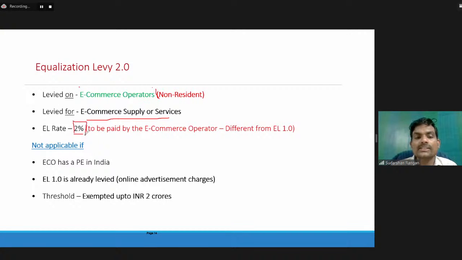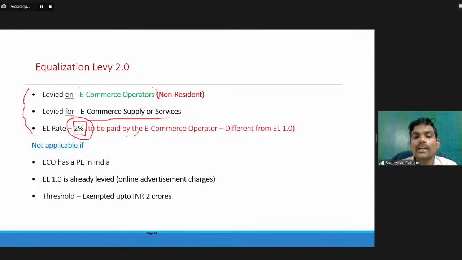Online services, 6%. For non-resident e-commerce operators who are providing or facilitating e-commerce supply or services to resident Indians or to people in India, any consideration paid to the e-commerce operator, 2% equalization levy has to be charged.